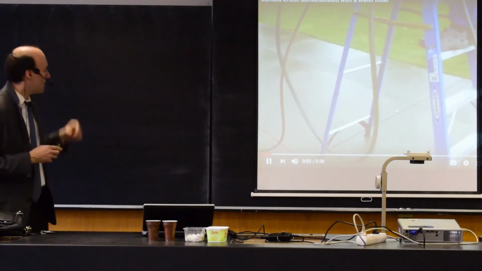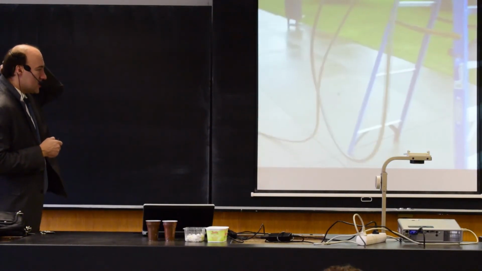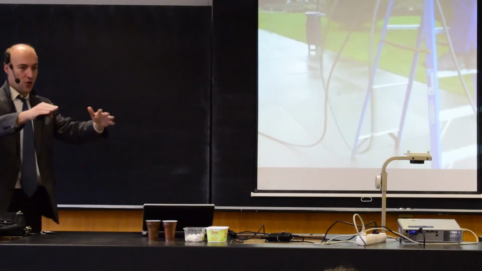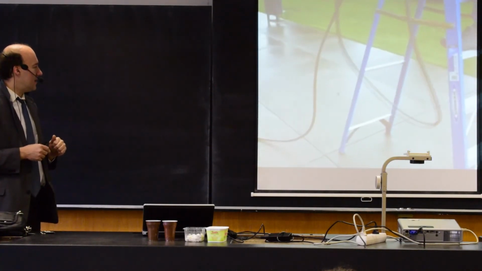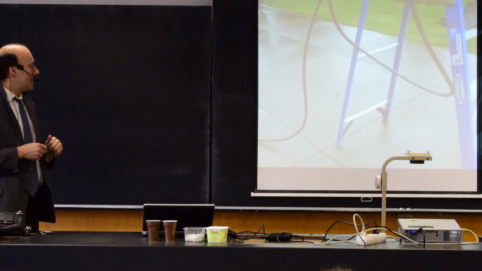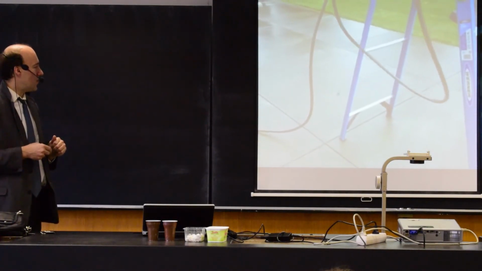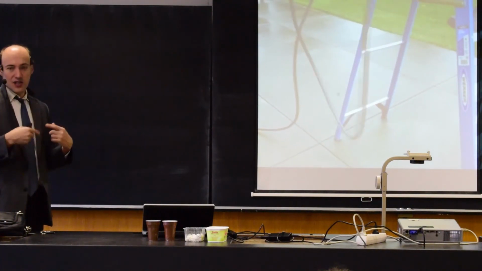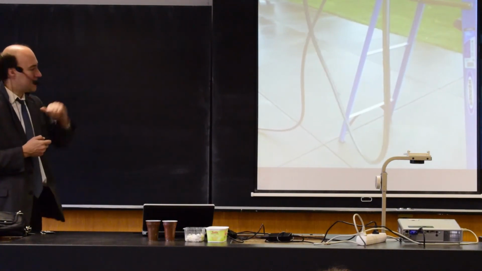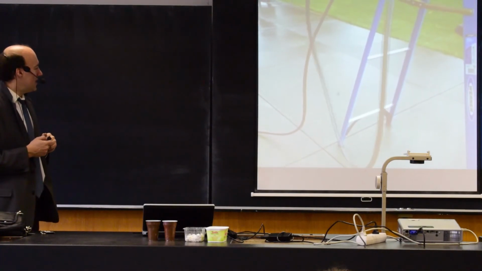So this is without flow. So you see a uniform motion forward and backward. And when you apply flow, then we will see the Coriolis force. You see this wobbling. It means that there is a flow rate. Now this is what happens with the flow.